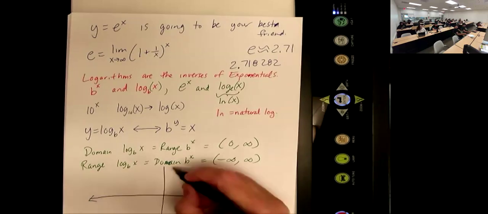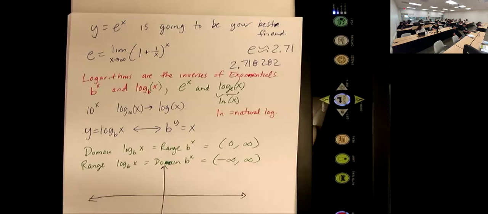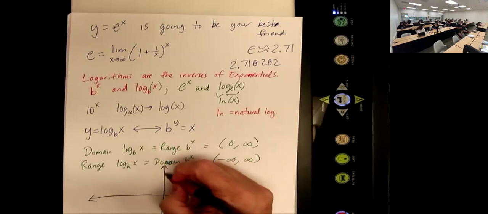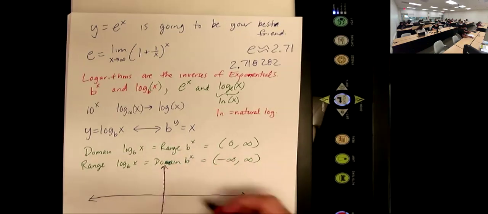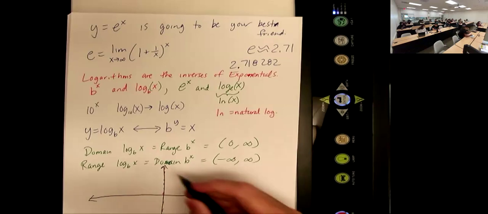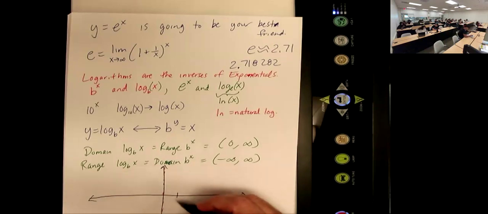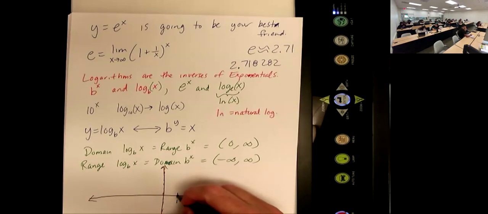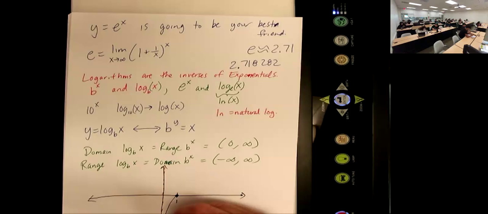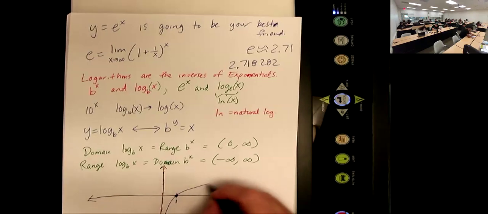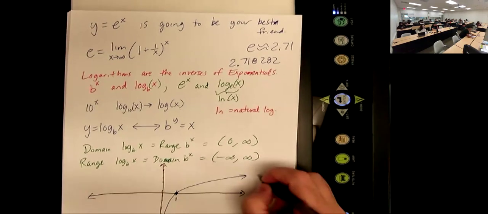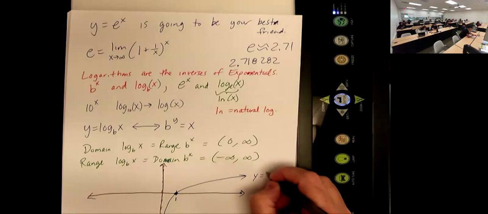Where our asymptote used to be the x-axis, now the asymptote is the y-axis. And where we used to worry about where it crossed y equals 1, we're worried about where it crosses x equals 1. This goes like this and like that. That is y equals log base b of x.